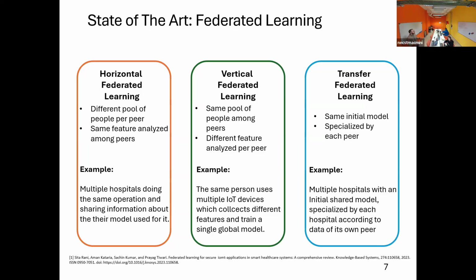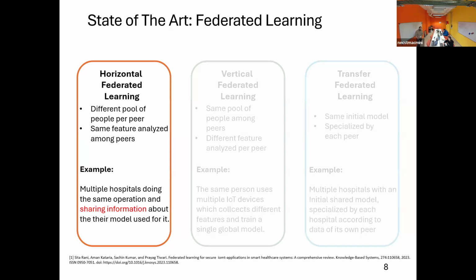In a practical scenario, if a subset of people has different analysis centers, this may be the case for vertical federated learning. And transfer learning is a trade-off between the two. It starts with a horizontal step and then continues vertically. And given the three possibilities, the most interesting one for the federated case in the healthcare scenario is the horizontal federated learning.